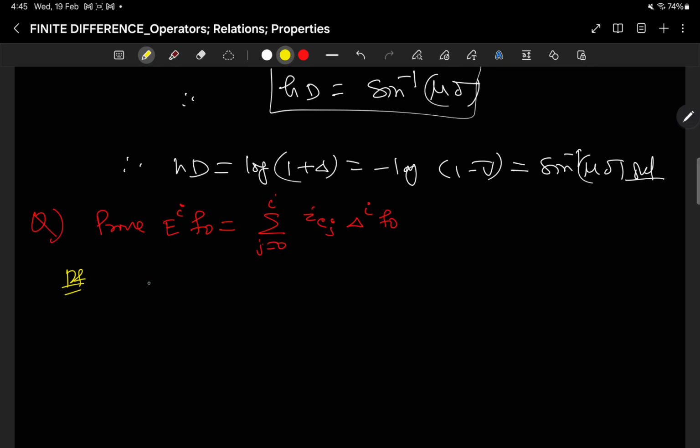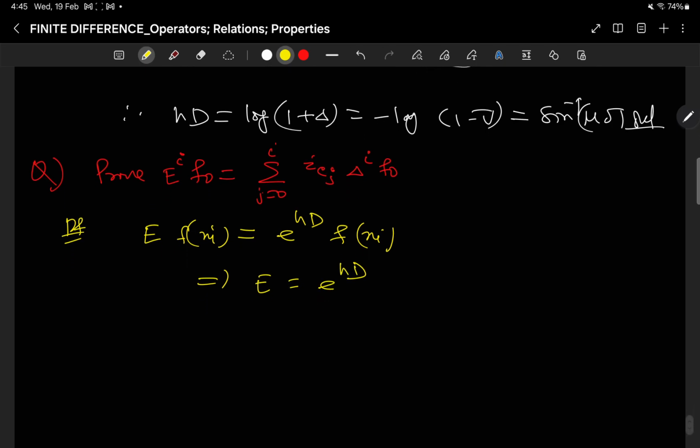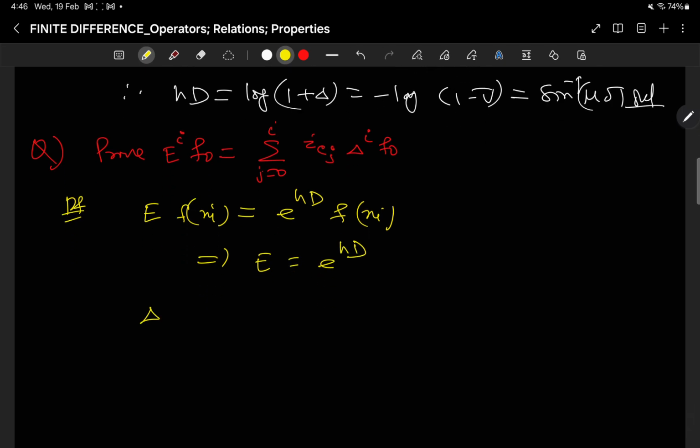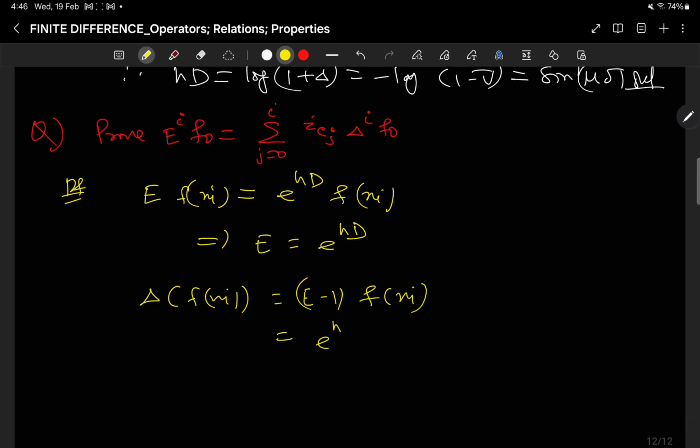Now coming to the proof of this, as we have seen, E f(xi) is e to the power hD f(xi), is it not? So this implies E is equal to e to the power hD. Again we have seen delta f(xi) is (E minus 1) f(xi), so this is equal to (e to the power hD minus 1) f(xi).